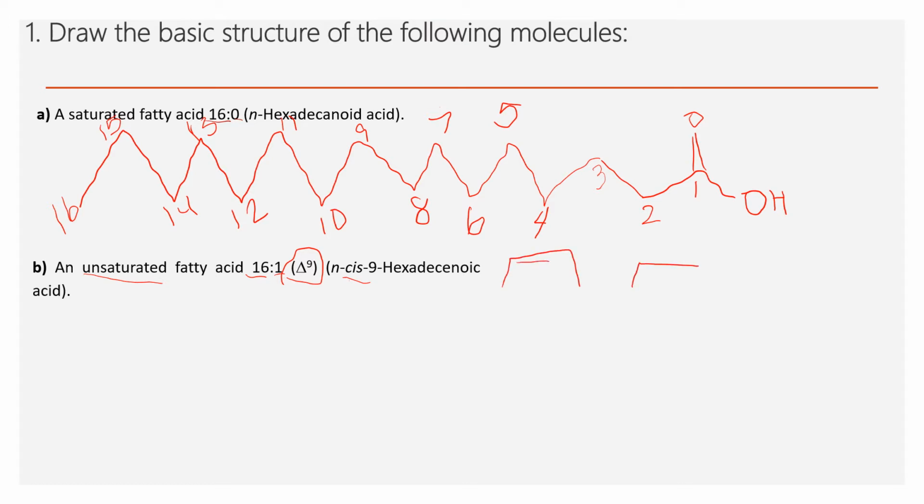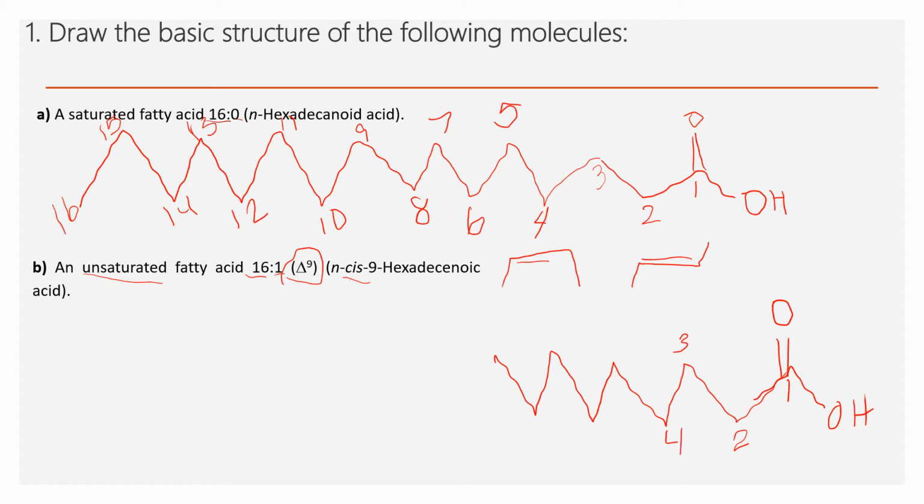We're going to start the same way. We have our hydroxyl, carbonyl. This is carbon number 1. So this is 2, 3, 4, 5, 6, 7, 8, 9. Now we have to draw a cis double bond.